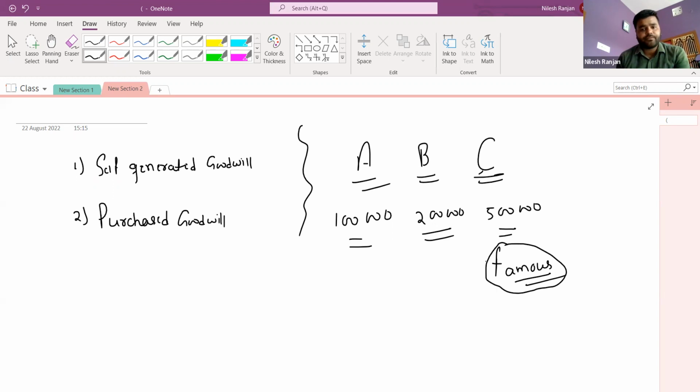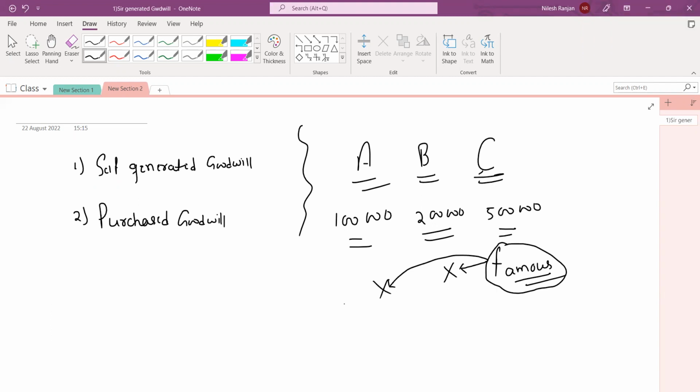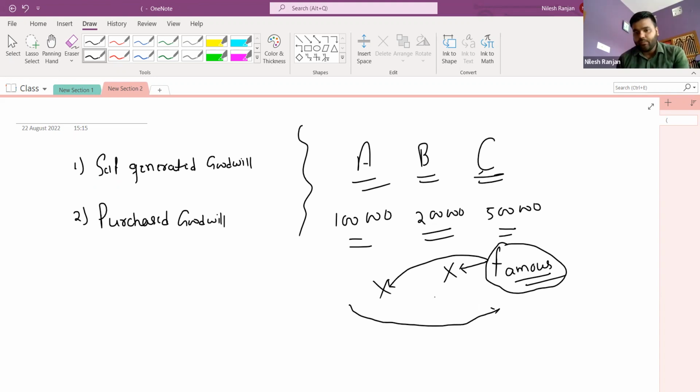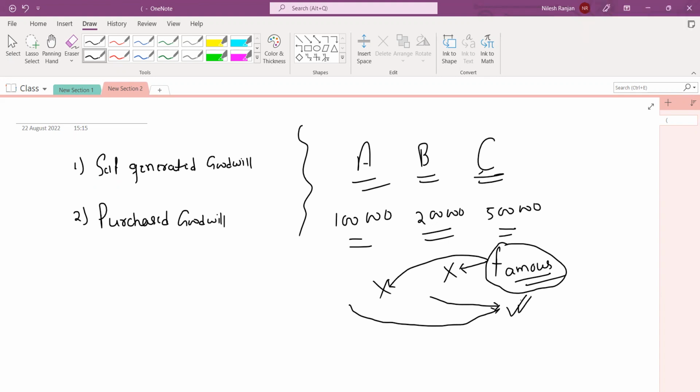C's customer will not go to A or B. But A's customer will come to C, and B's customer will also come to C. Because C is famous, A and B's customers will know that the price of C is lower and the quality is also good.